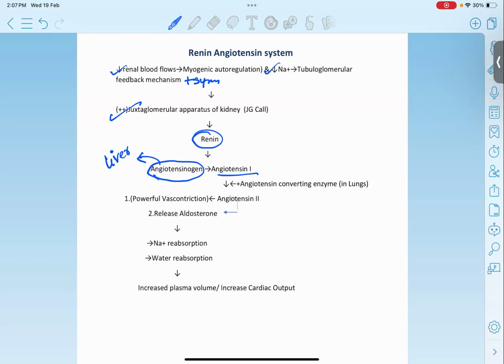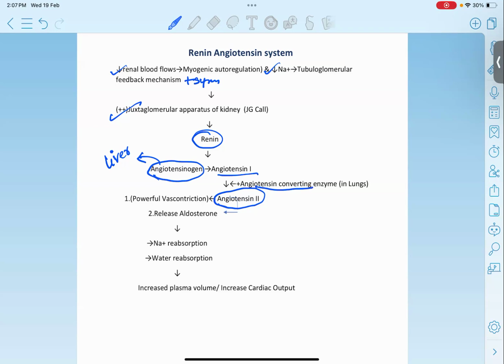Now this angiotensin 1 is in an interim state. It is not completely activated. So angiotensin 1 will get activated to its complete active form, angiotensin 2, by angiotensin converting enzyme.